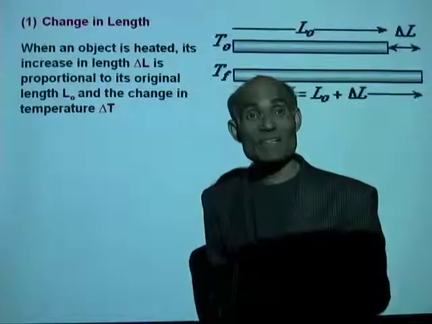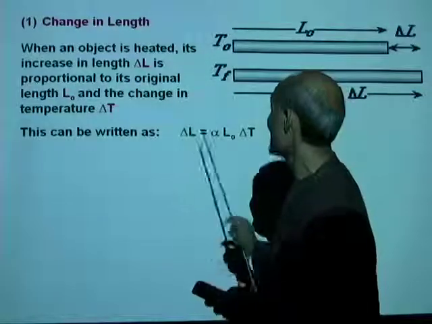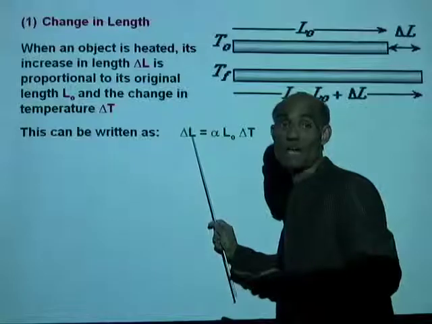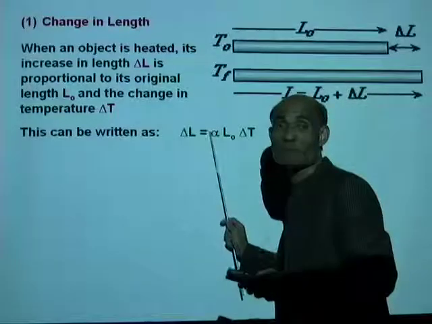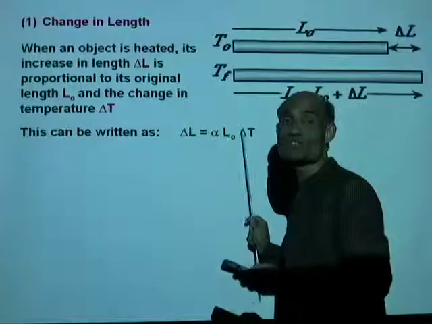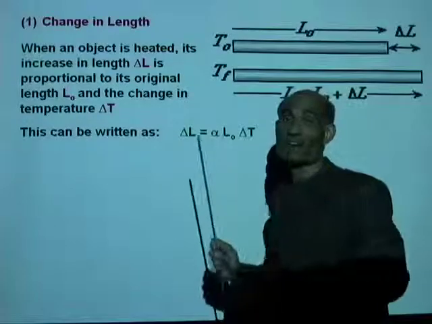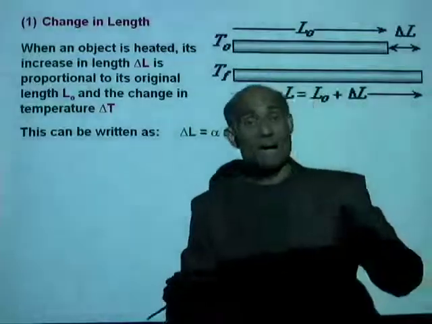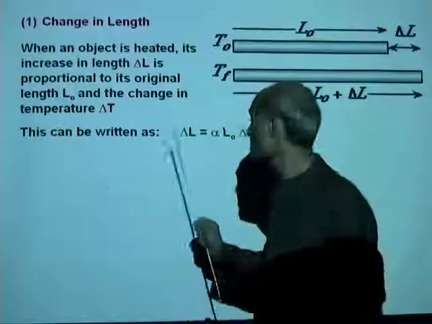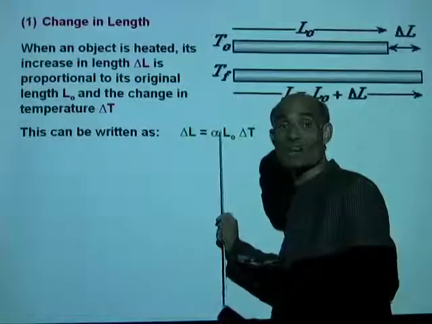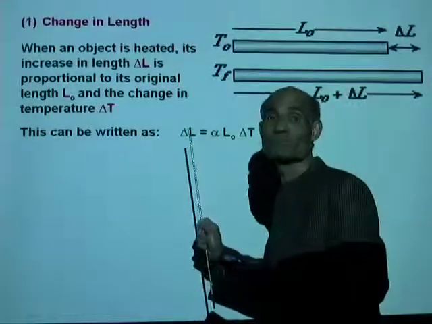Can you write that as an equation? We can write it as delta L is directly proportional to L0 delta T. And you know by now, a direct proportion can be replaced by an equal sign by adding a constant.